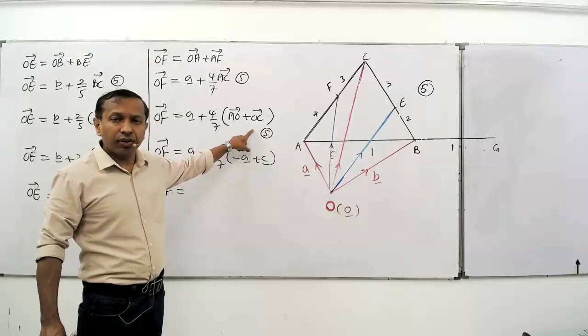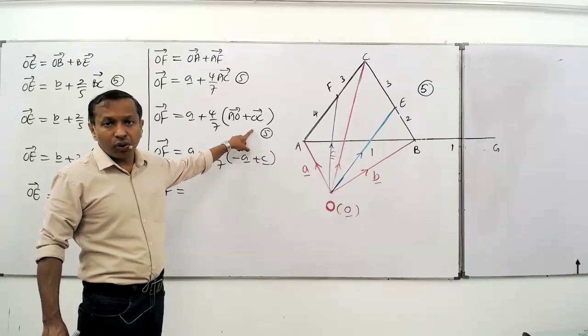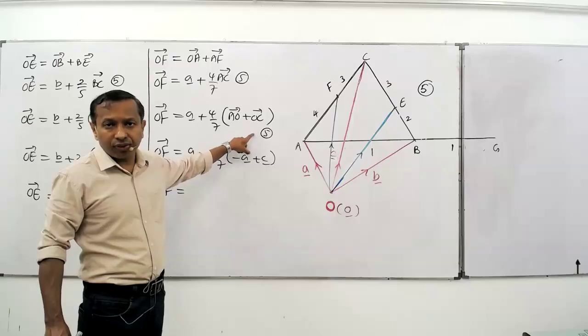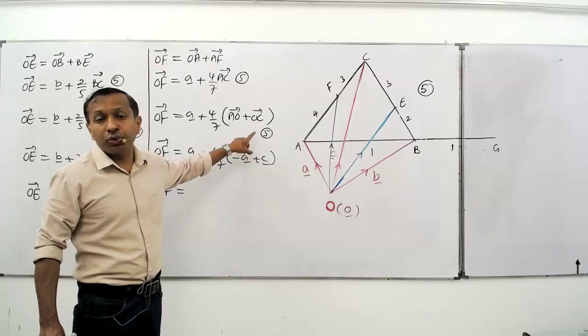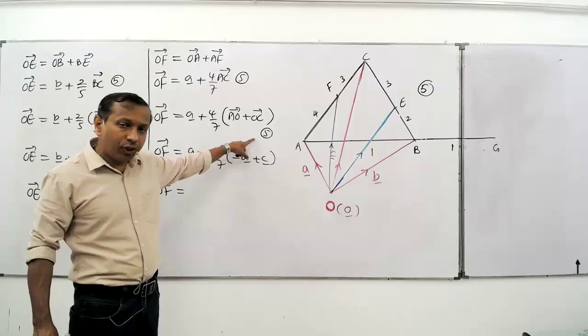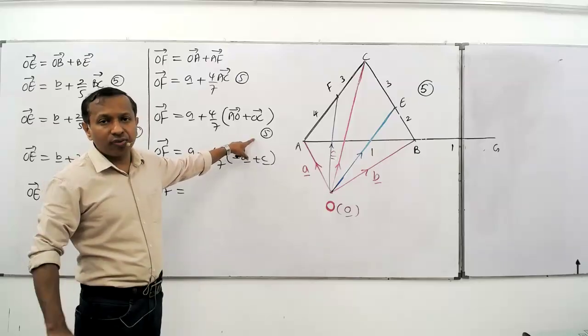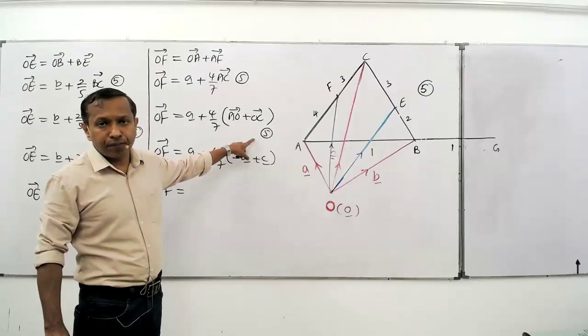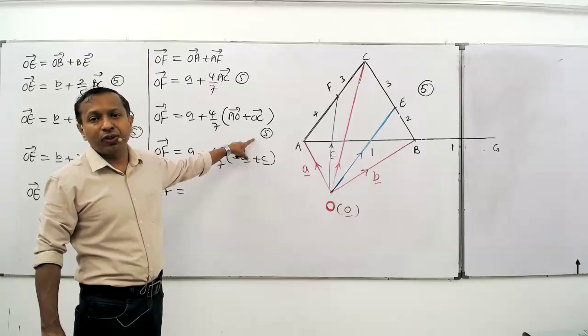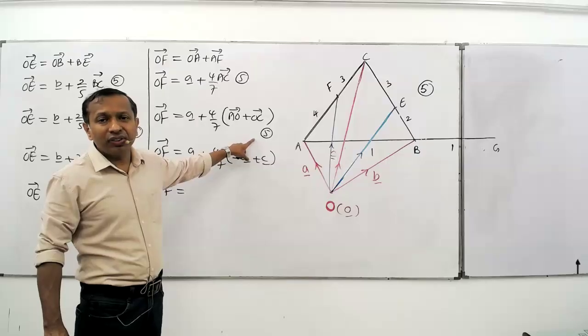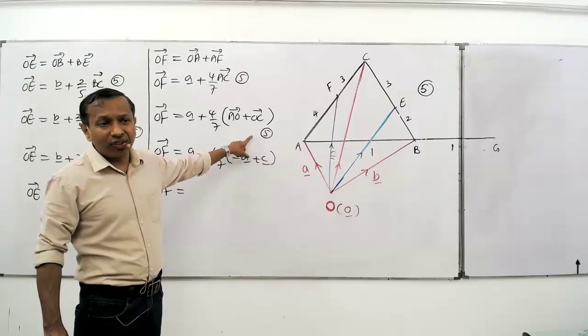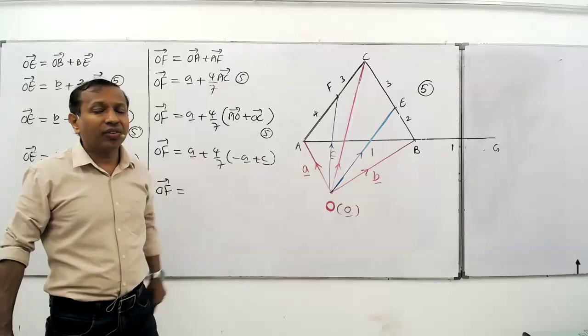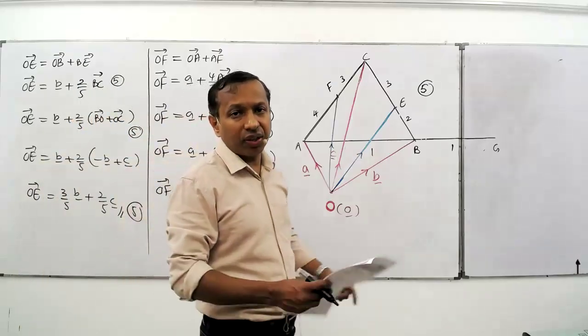That depends on the question. If the question is too long, of course you won't get marks for these steps. It doesn't say you should not write these steps, because we don't know what will happen in the next marking scheme. So the safest way to pick up marks is not to argue there. Don't think that I'm too tired to write these things. Write them, and you get the marks.